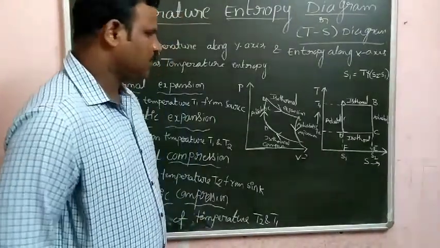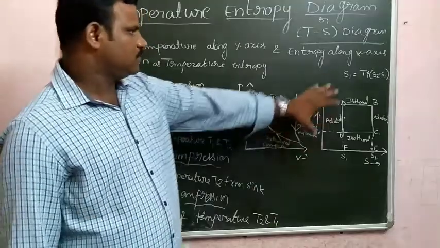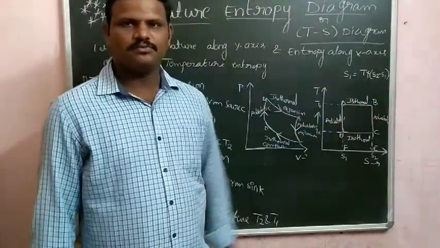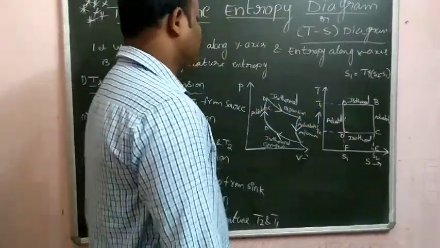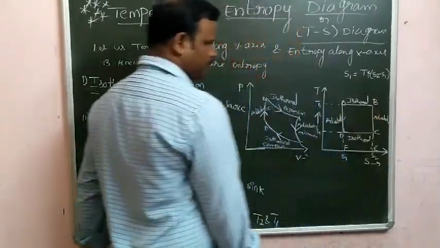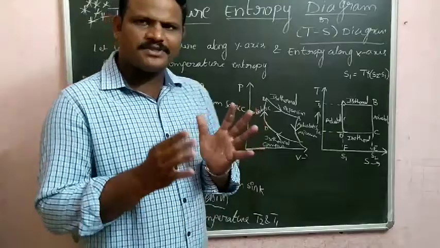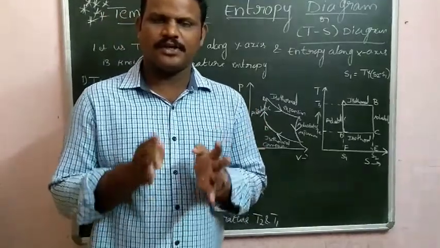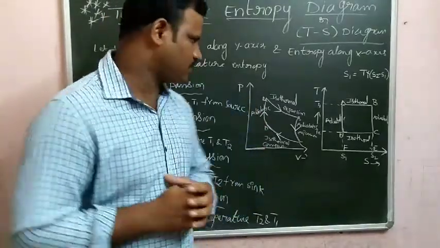Next one diagram. This is the explanation of the TS diagram. Look at it once, AB. ABCD is a rectangle box.